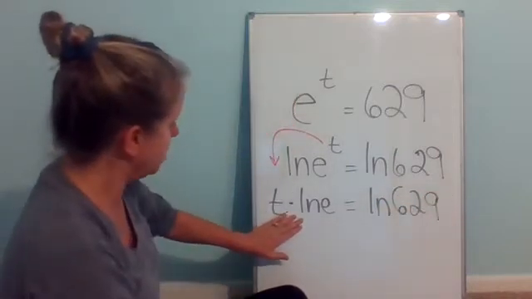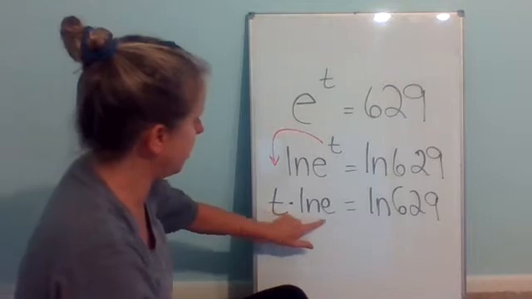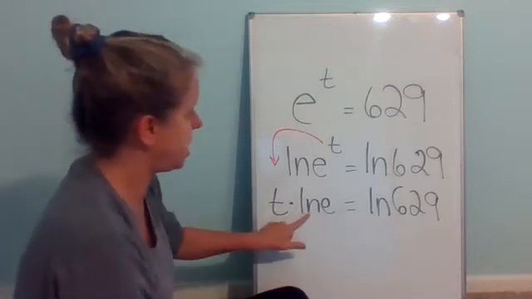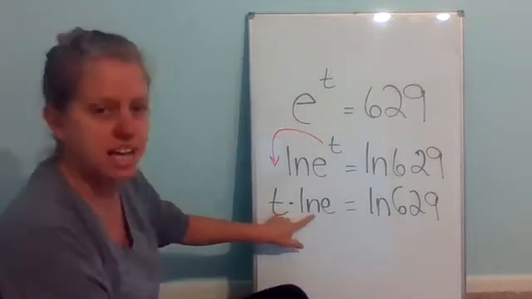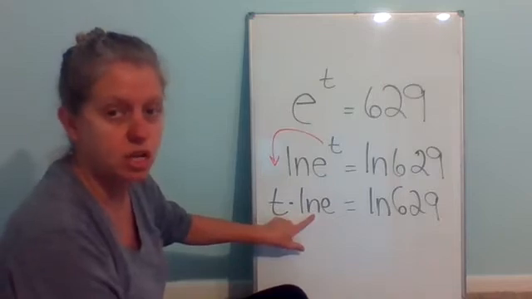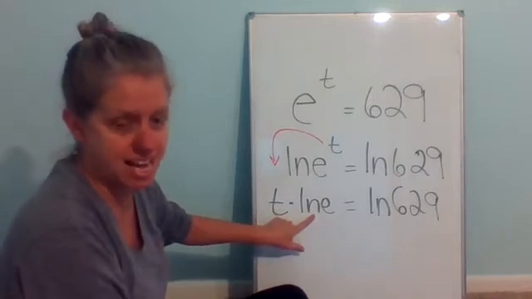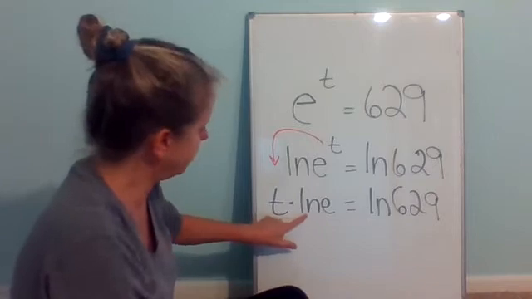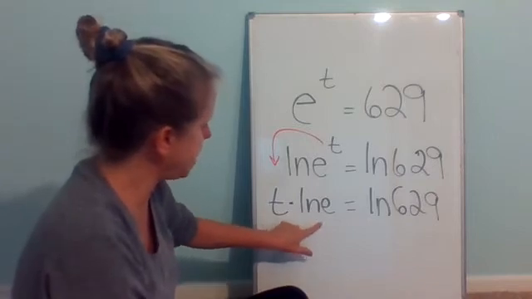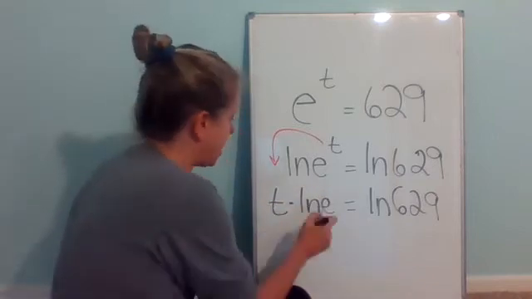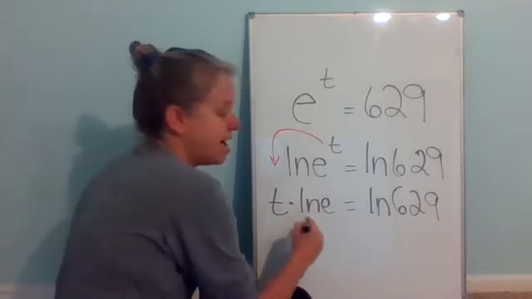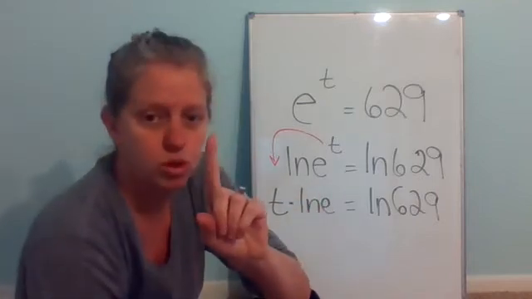Now, to get this t by itself, I can divide both sides by ln e. But remember, what is ln? That is log base e. So if I have log base e of e to the first power, anytime you see ln of e, it is equal to 1.